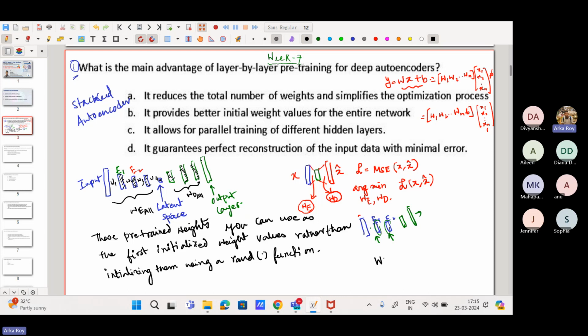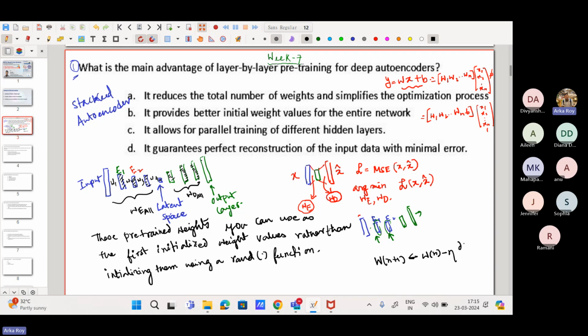W of n plus 1 is W of n minus eta into grad of the loss, let's say grad of error with respect to the weight values. Now, this W of n at the first iteration will be W of 0, and this W of 0 will be initialized using a rand function.